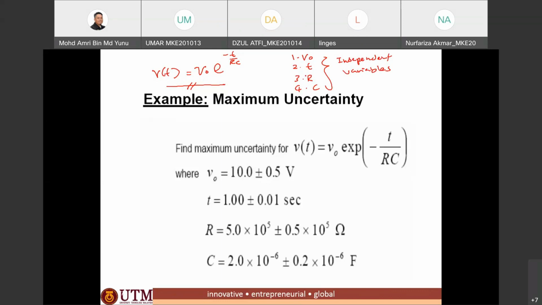Vt is a function of Vo, t, R, and C, and the formula is given by this equation. And each independent variable has its nominal value and its uncertainty. So those are the nominal values.